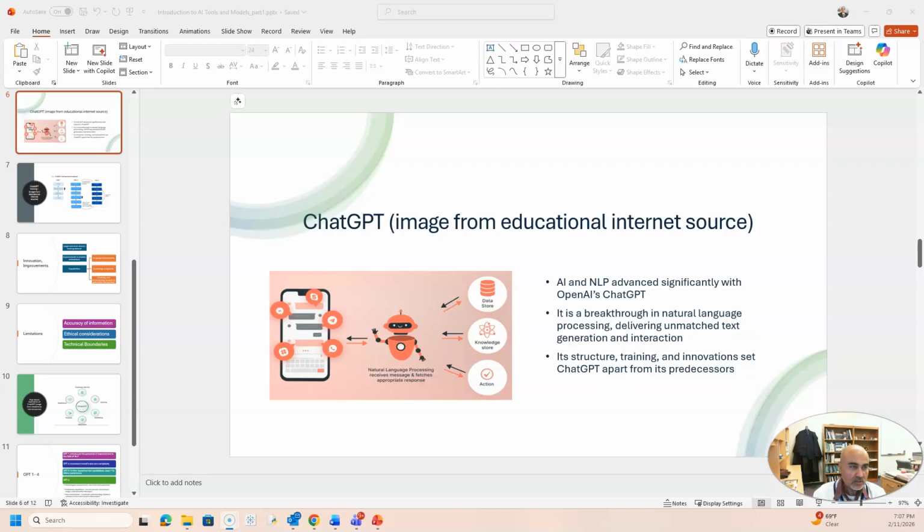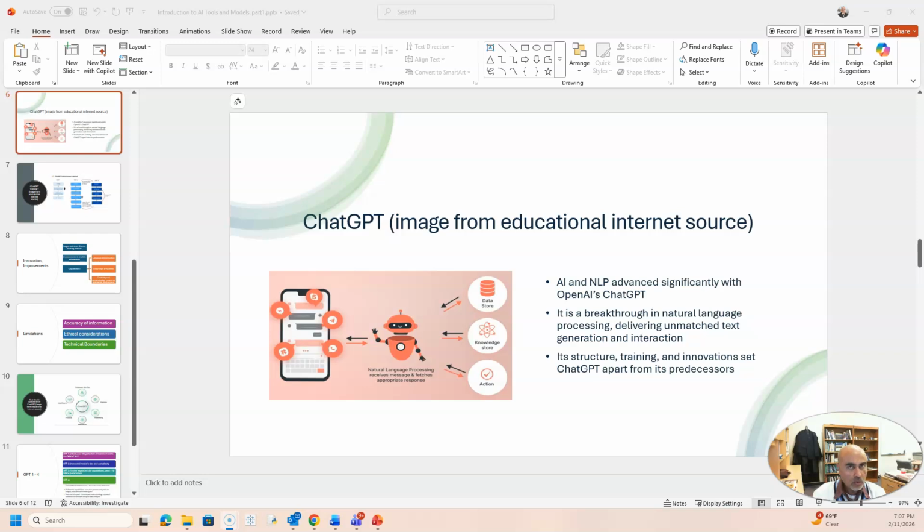ChatGPT uses a transformer model, and the transformer architecture handles sequential data, making it appropriate for human language problems. And it uses some self-attention techniques.